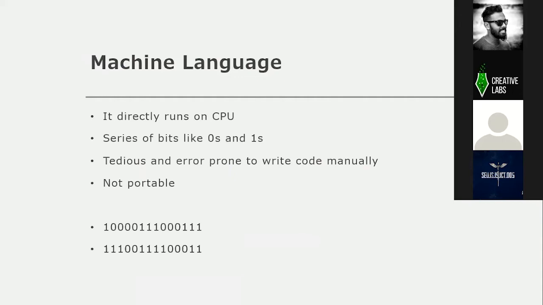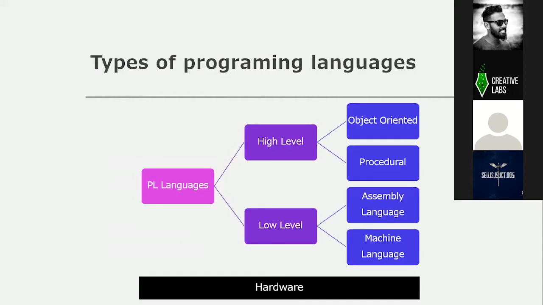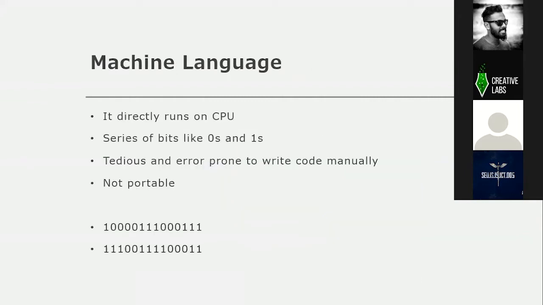If we go into the details, starting with the low level languages as the very first stage, there is a category called machine language, which runs directly on the CPU. This type of language is made of zeros and ones, right? You might have seen something like 1100.